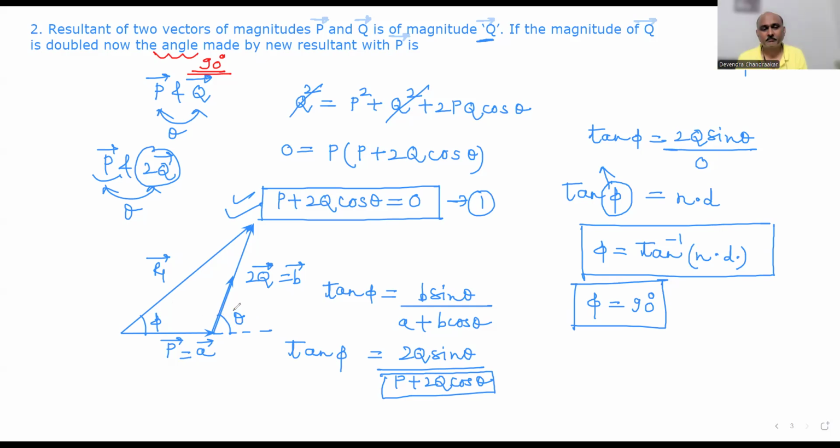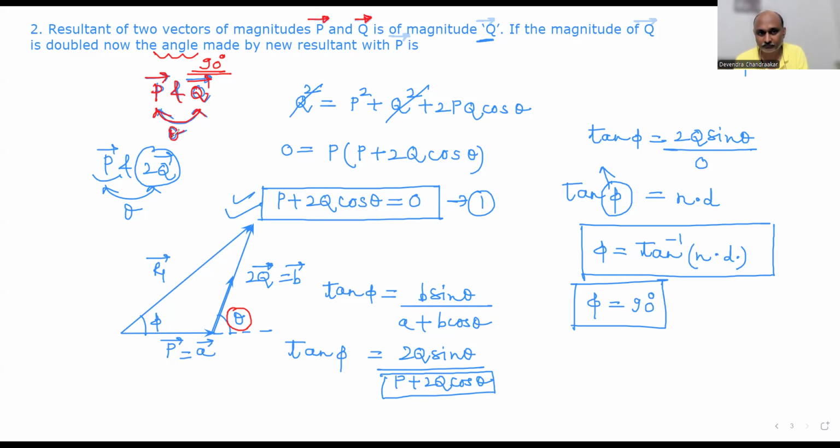What is theta? Tell me what is theta? Sir, theta is the angle between the two vectors. Which vectors? Between P and Q. I wrote it here. The angle between P and Q is theta.